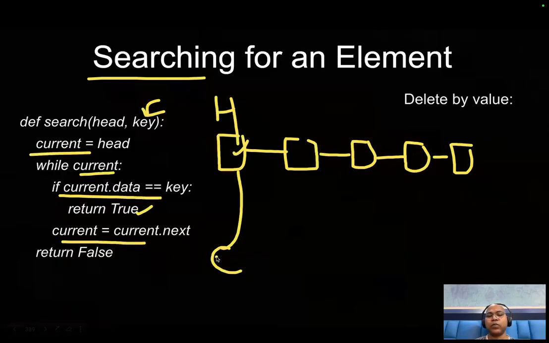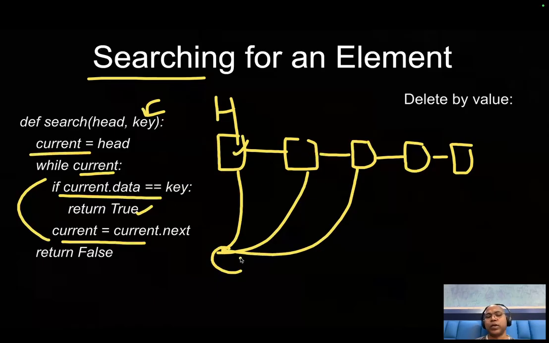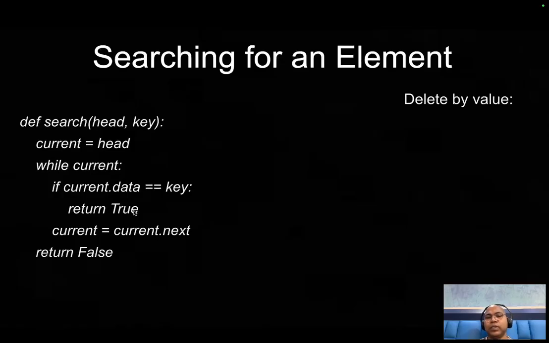If not, current goes to the next. Again loop here. Does the key match? No. Go to the next. If the key matches, return true, else go to the next. In this way, you can traverse the linked list and find whether the particular element is in the linked list or not.